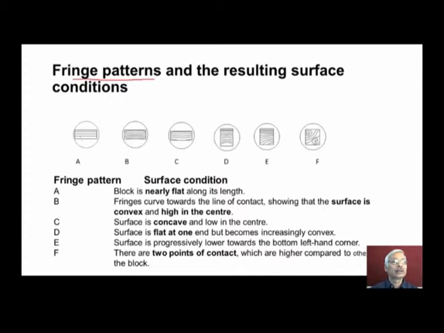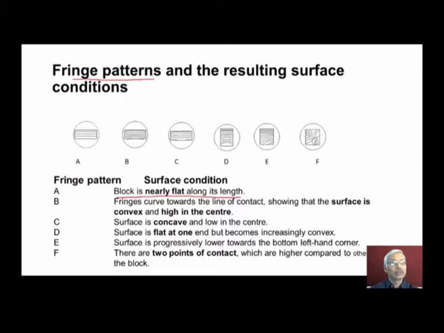So we get straight parallel fringes when the surface of the workpiece or the gauge block is nearly flat along its length. We get straight fringes parallel to one edge.